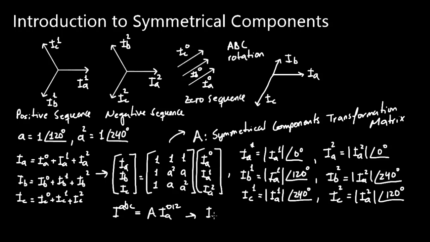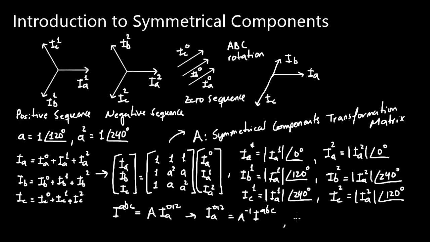So I can say that I sub A 0, 1, 2, which again is this vector over here for the sequence components, is going to be equal to A inverse times the phase vector, this one over here, I sub ABC. So using these two equations we can go from phase components to the symmetrical components or the sequence components vector, or if we know the sequence components vector, we can calculate the phase components as well. And so we can go back and forth from those.